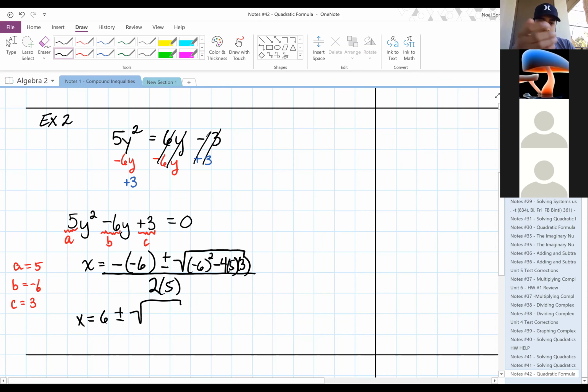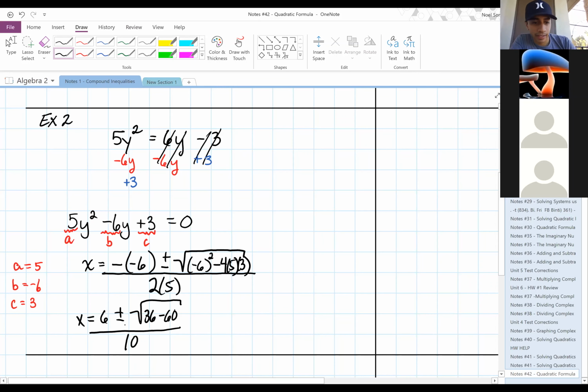Because a negative times a negative is a positive, so we get +36 minus 4 times 5 is 20, and 20 times 3 is 60, so it's -60, all over, oh, that's supposed to be a 10, all over 10.